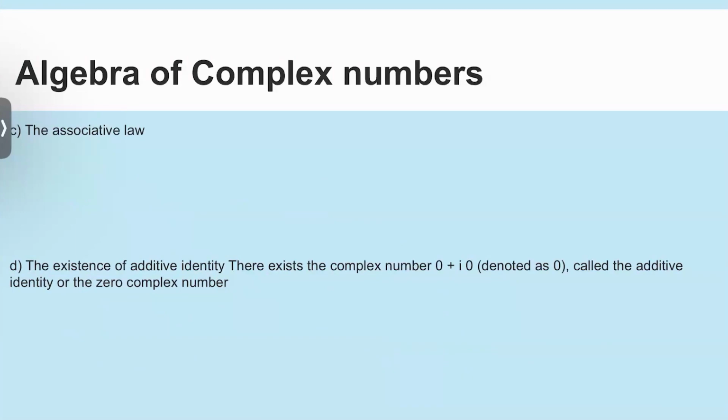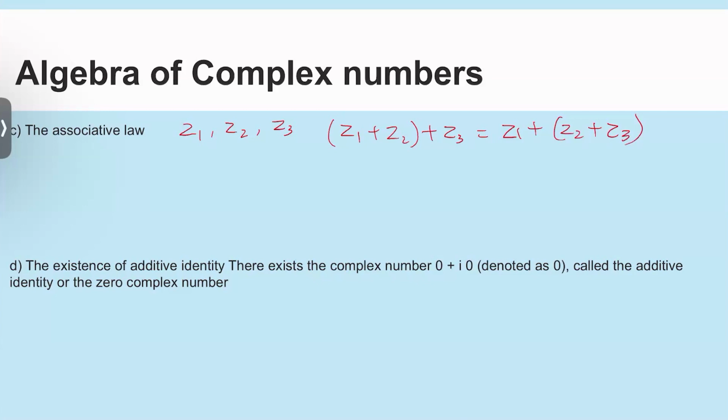Now we will see the associative law. As per the associative law, if you are given three complex numbers, Z1, Z2, and Z3, the associative law states that (Z1 plus Z2) plus Z3 is equal to Z1 plus (Z2 plus Z3).